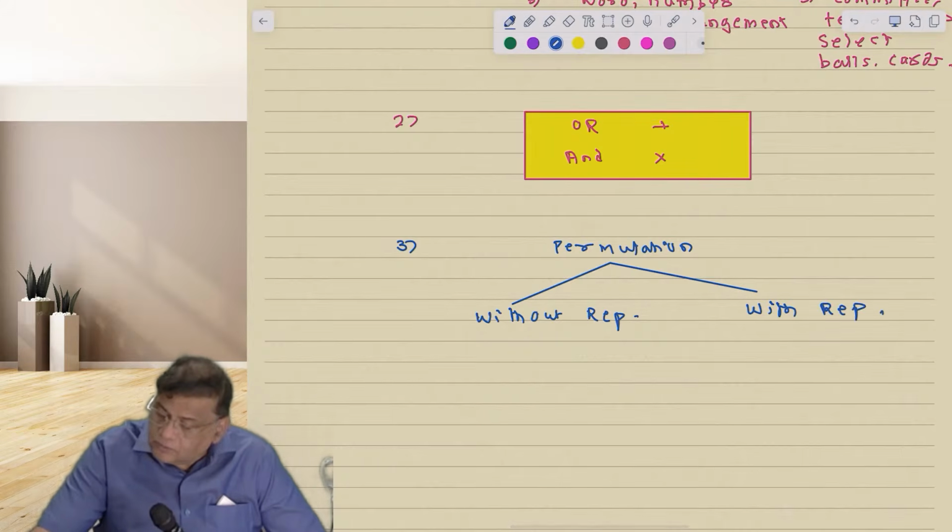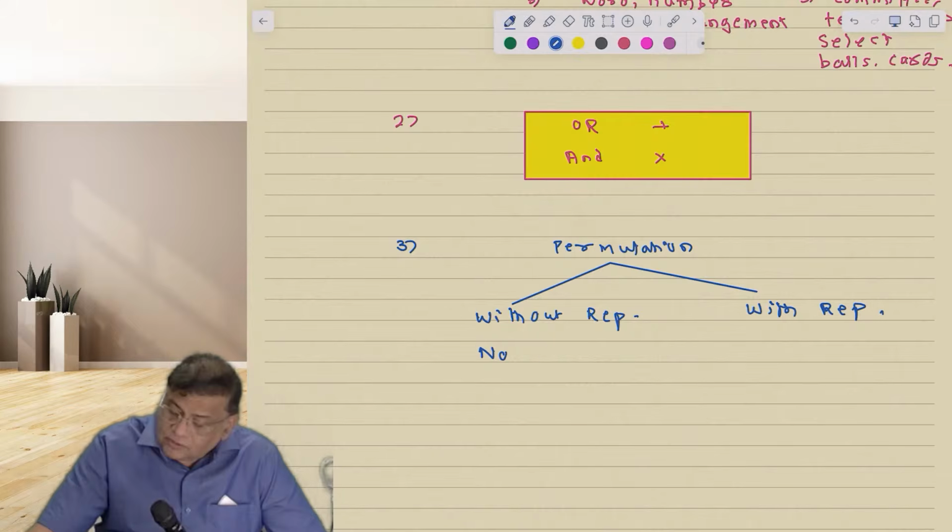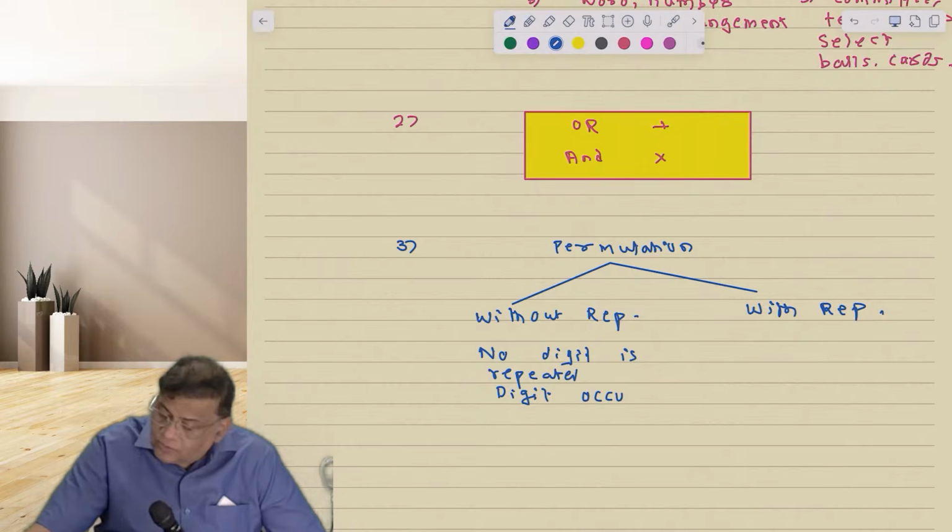When I say without repetition, what it means is that, for example, no digit is repeated. A digit occurs only once.